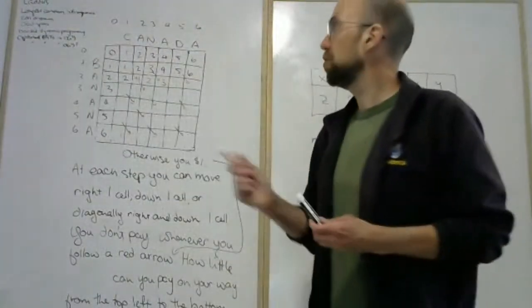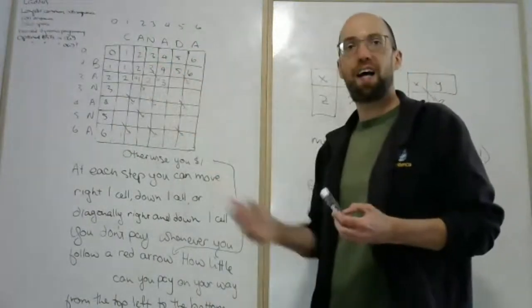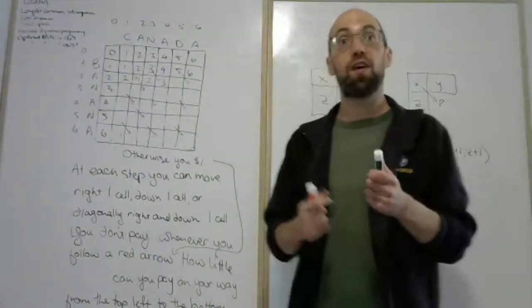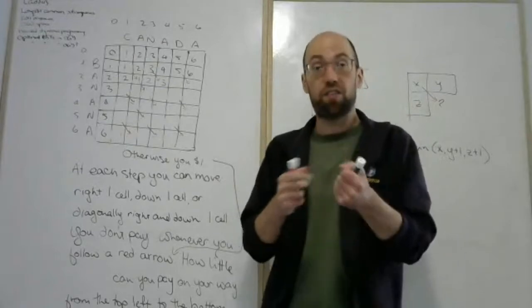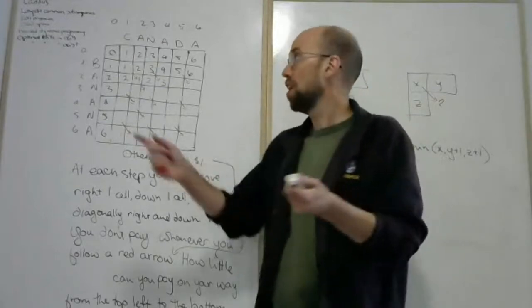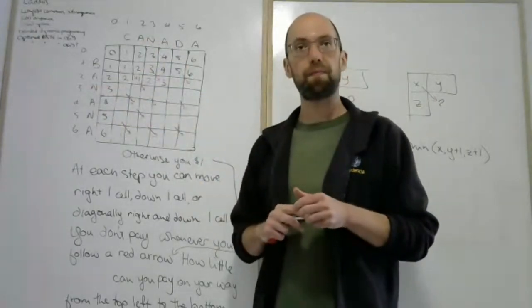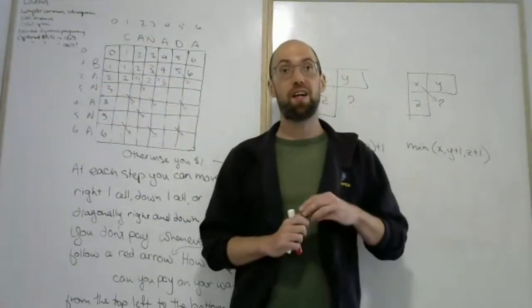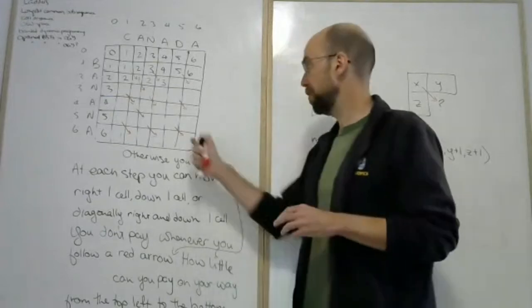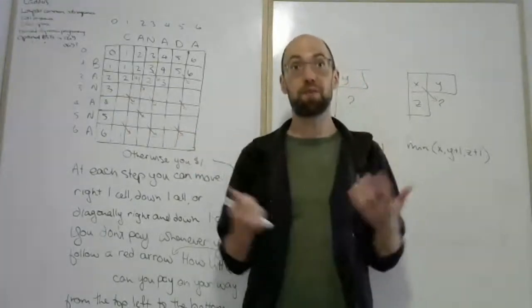So the thing I want you to notice is that you can find the paths through here, and those correspond to strategies, to sequences of edits that you would do to change this string into this string. Okay, because if you get this number down here, that just tells you the minimum number of edits.